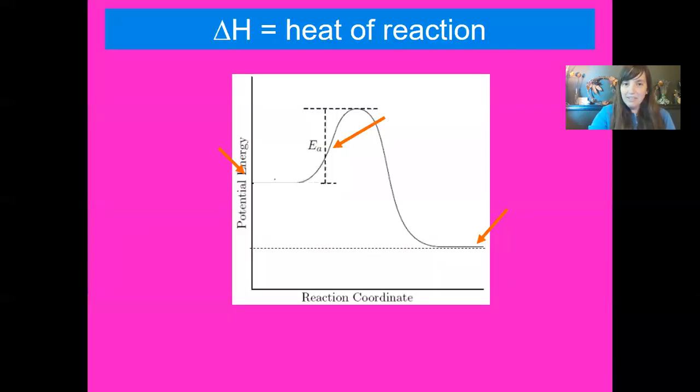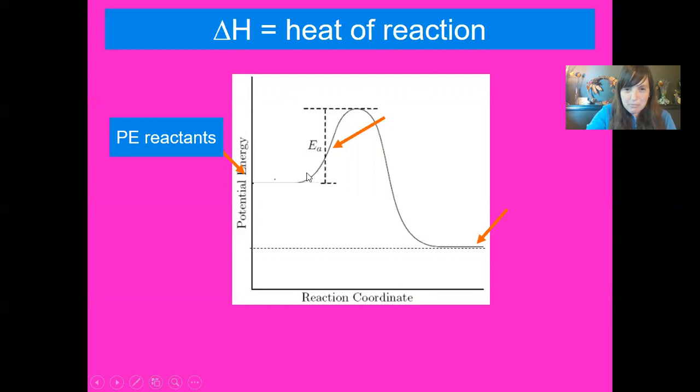So it's helpful a lot of times to visualize it in a graph. And we call these potential energy diagrams that show us the heat of reaction, or the enthalpy of reaction. Those are synonymous. Okay, so in a potential energy diagram, we start off over here with the potential energy of the reactants.